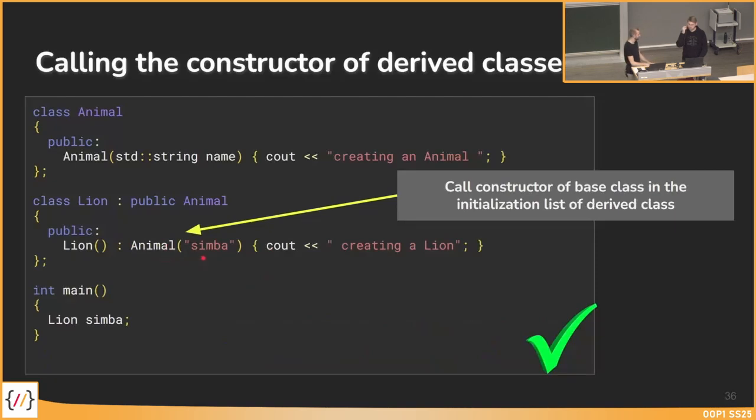Use the initialization list, and I think we said you can use it basically for every initialization, not only the base class. You can also use it for other arguments that are in the lion if there are more member variables. Any questions to this? Because this is very, very important.